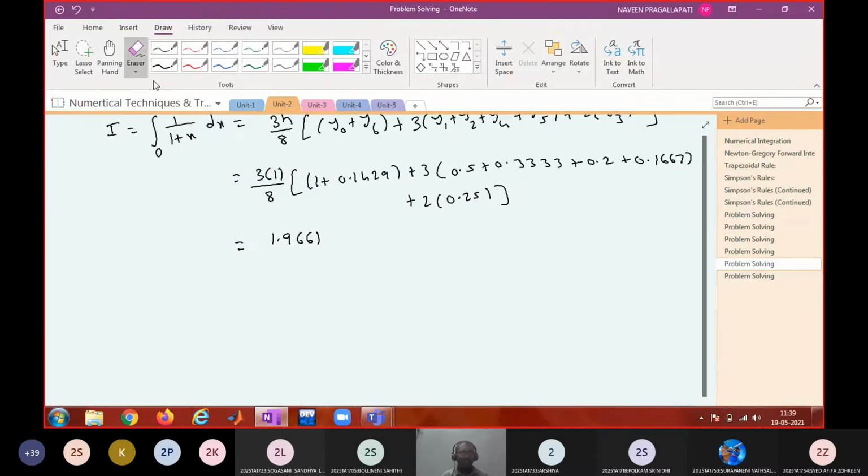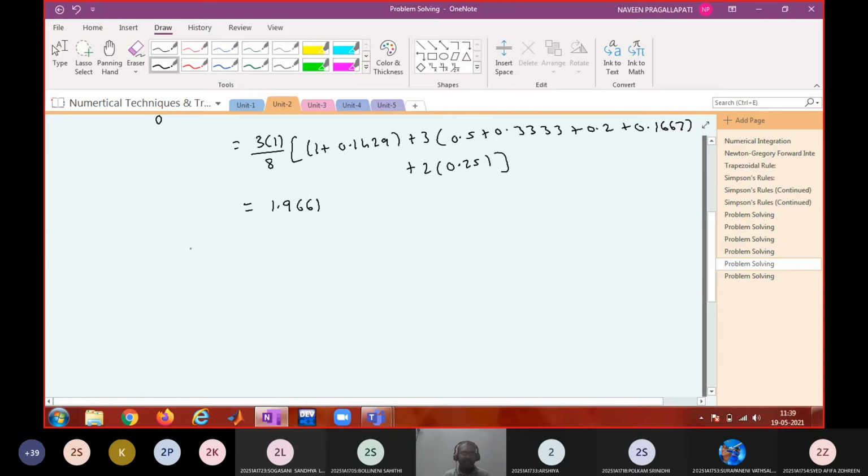What about others? You also got the same value? Yes, sir. 1.9661. Okay. Now for this we shall compute all three: absolute error, percentage error, and relative error.